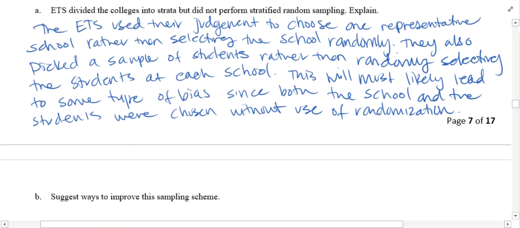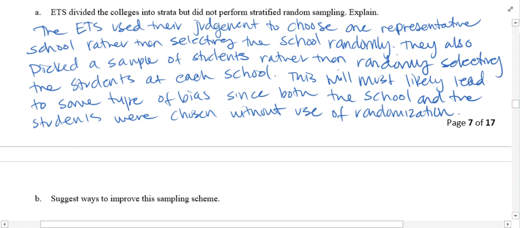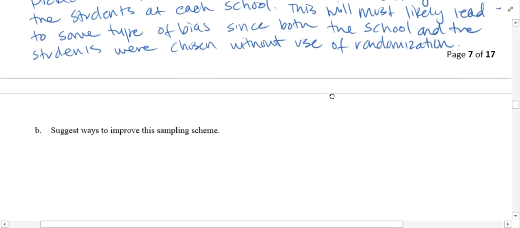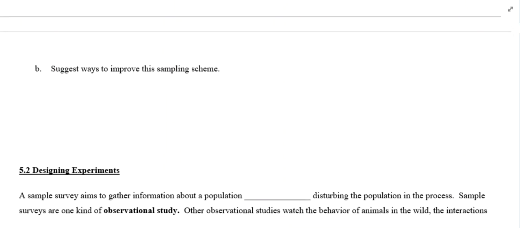It's not actually, they said stratified random sample up here in part A, but it's actually not even that if you actually randomly select each part. So if you randomly select and then randomly select again, do you know what that's called? It's called multi-stage sampling. Okay, so we're basically going to do the same thing. They're just going to do each step randomly. Okay, so we're going to use a multi-stage sampling technique.